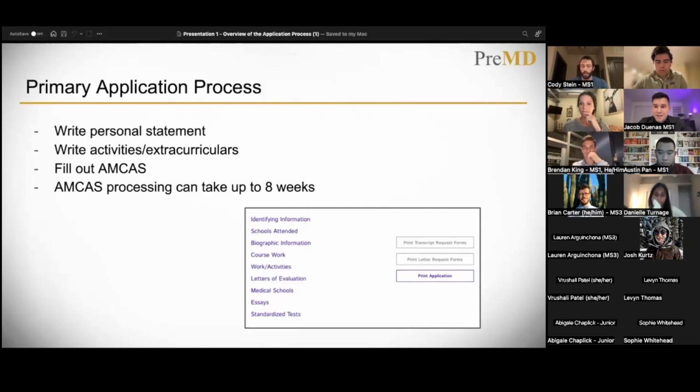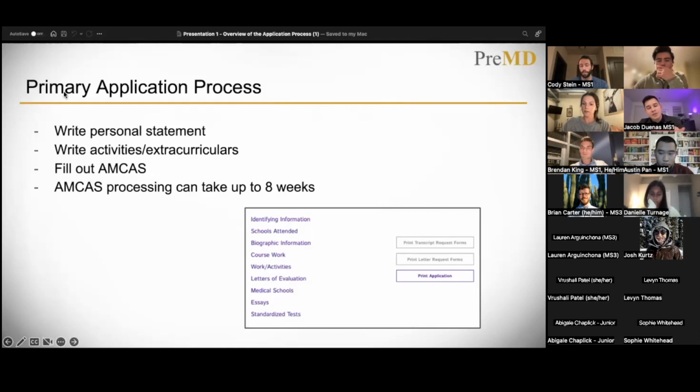It's a long application and it can be pretty overwhelming. Even the easy parts, like filling in your grades, you would think it's just, oh, I took this class, I got an A. But you have to enter each one, one by one. Ordering an unofficial transcript, something you can put your grades in, was helpful for me.